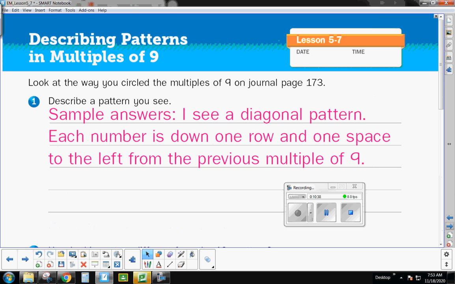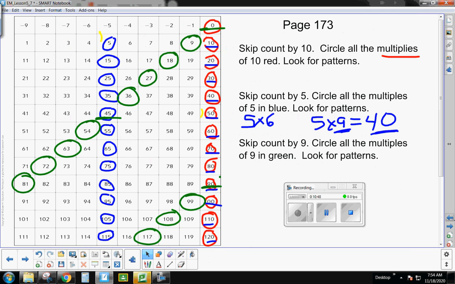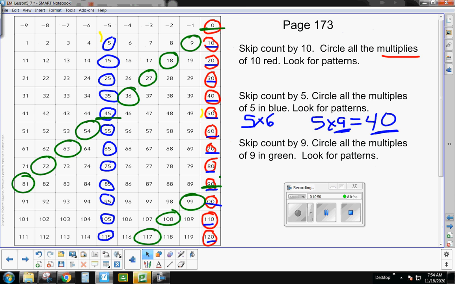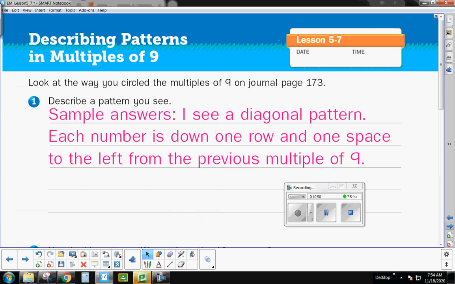Okay, I went ahead and put in some sample answers. So as we're thinking about this, describe a pattern you see. One of the patterns that you should have noticed is that it made a diagonal pattern across the number grid, didn't it? So I have here, I see a diagonal pattern.